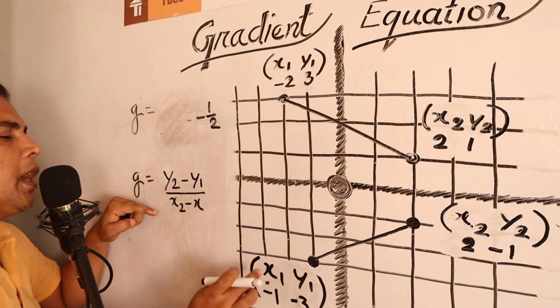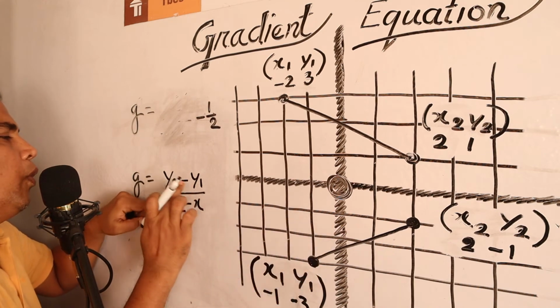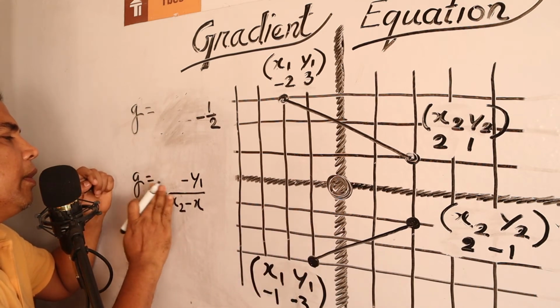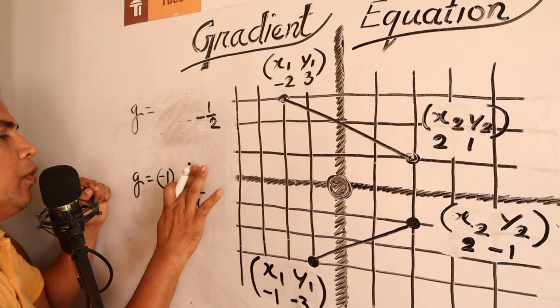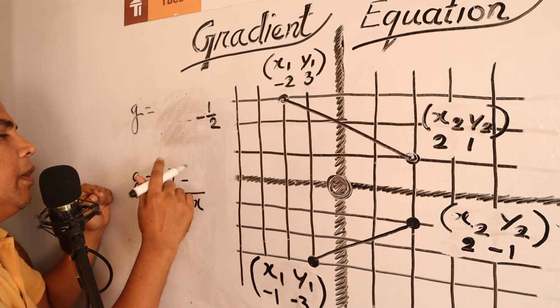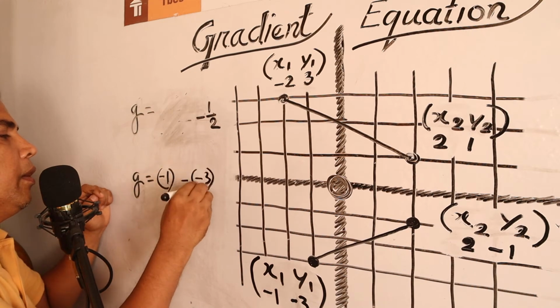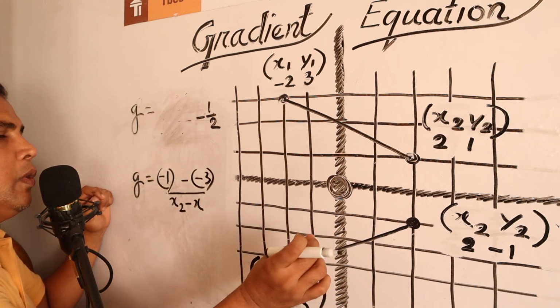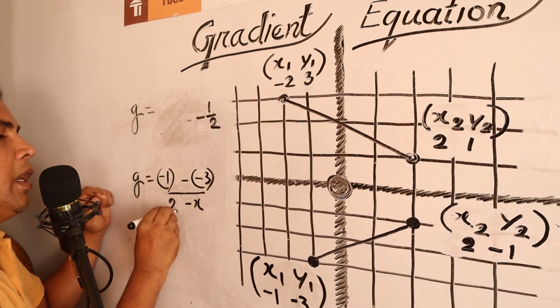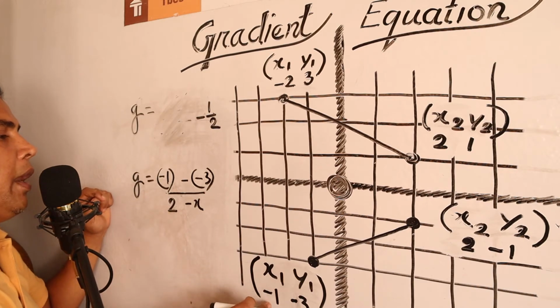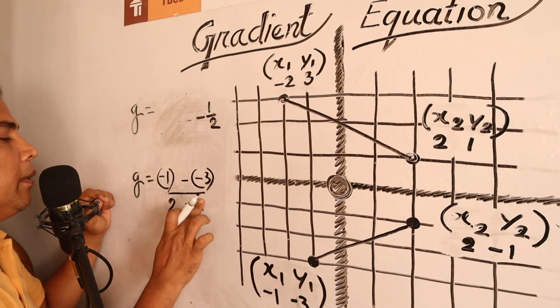And if we put the value of y2 equal to minus 1 and y1 equal to minus 3, x2 is equal to only 2, and x1 is equal to minus 1.